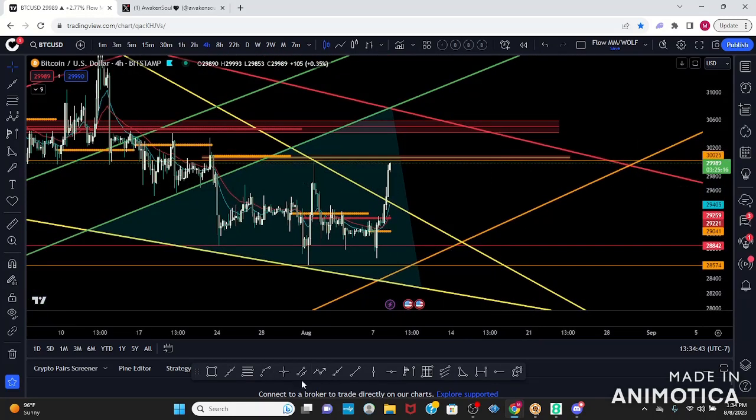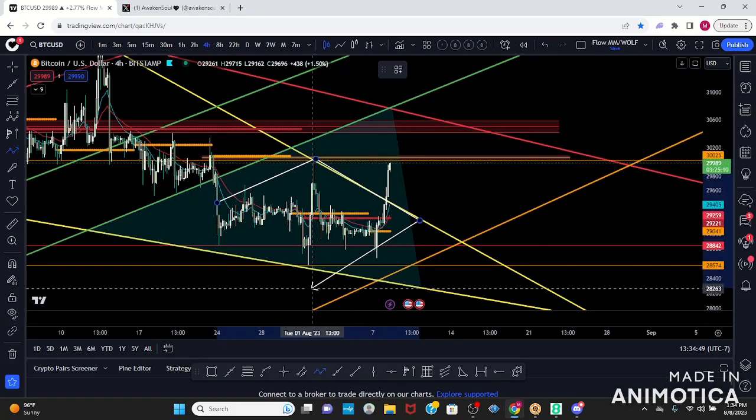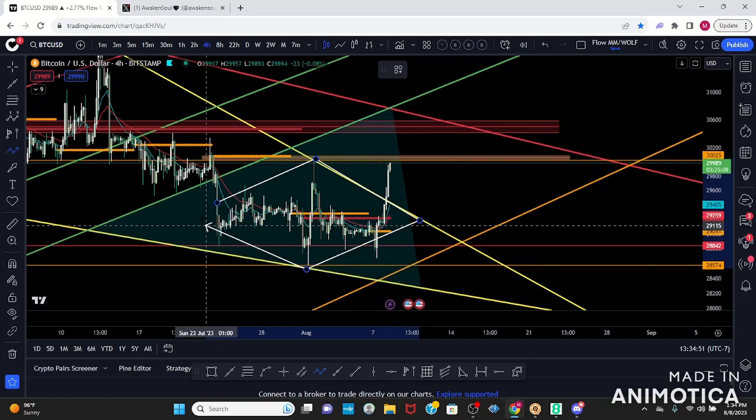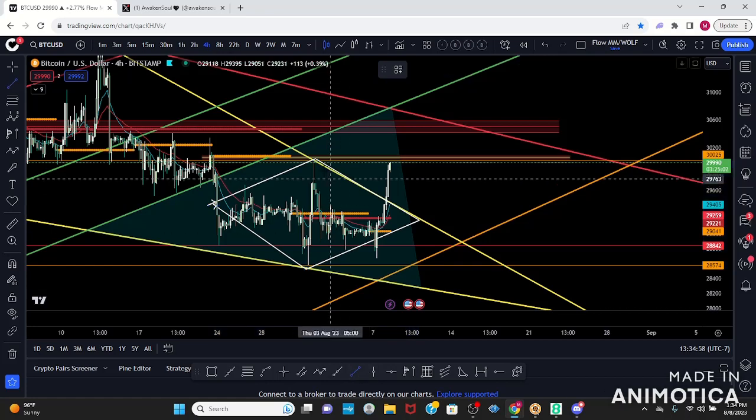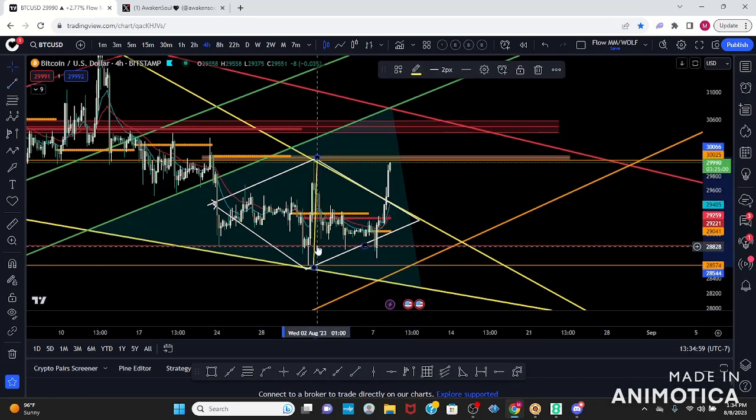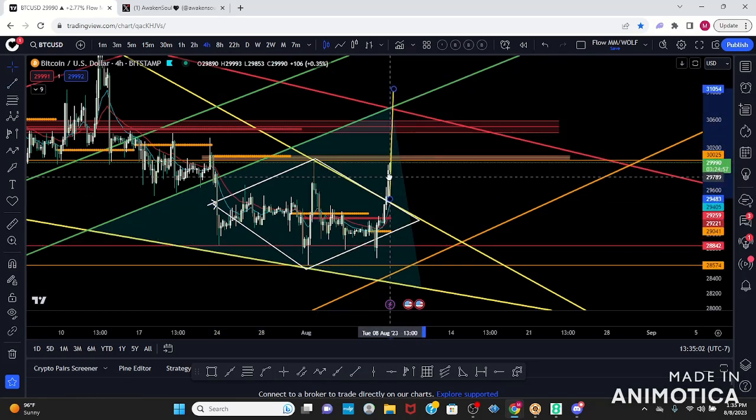Initially, I was thinking of a diamond. And what's not to say it is a diamond, right? And the measured move for a diamond would be the middle part. So just grab the middle part.